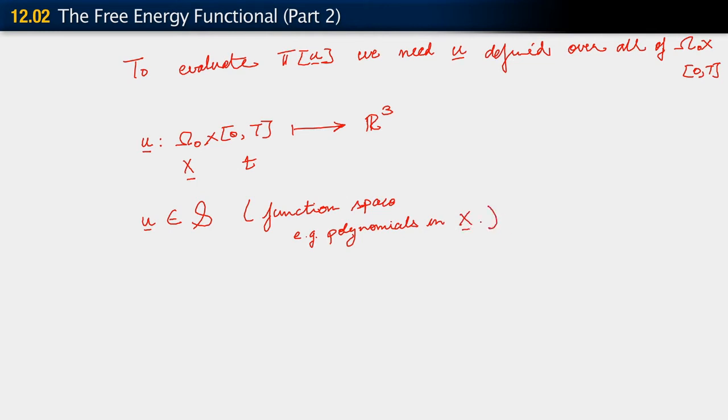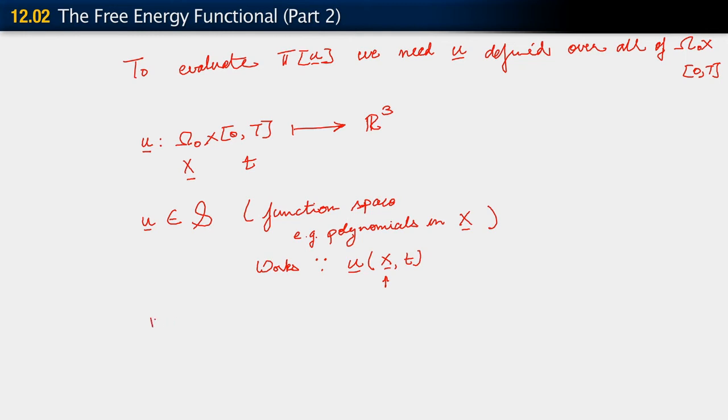This idea works because we already think of u as depending upon position, so maybe we want to think of u as having some polynomial dependence upon position. This is what gives us the idea of a function space. This means that u can be written as polynomials in X, or maybe other functions, exponentials or trigonometric functions or whatever. So this is an idea we will often use.